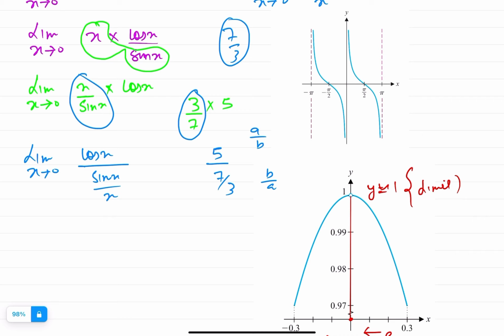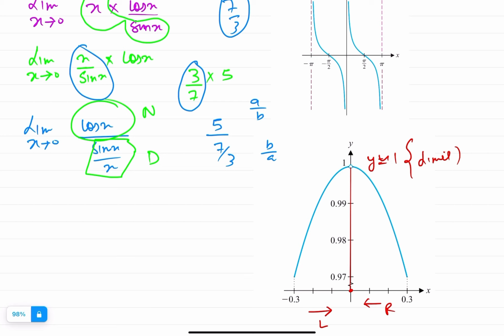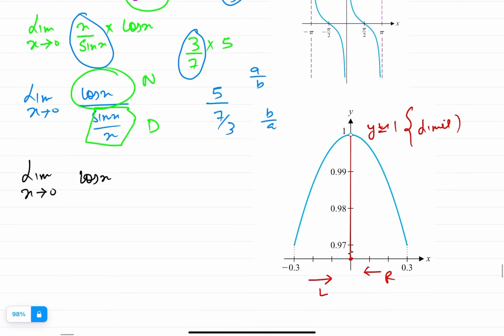Now you can use the limit law, with cos x as the numerator and sin x divided by x as the denominator: find the limit as x approaches 0 for the numerator, and the limit as x approaches 0 for the denominator.